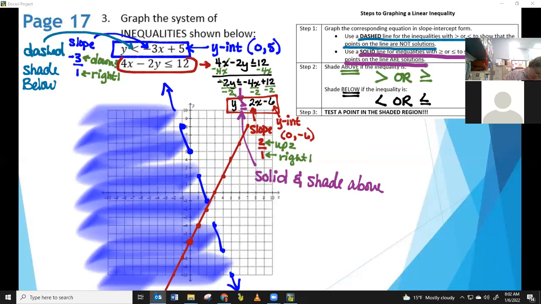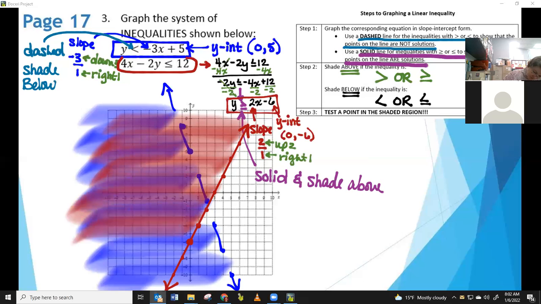We're going to shade the above side. So that's going to be over here. And the solutions are in the double shaded space.